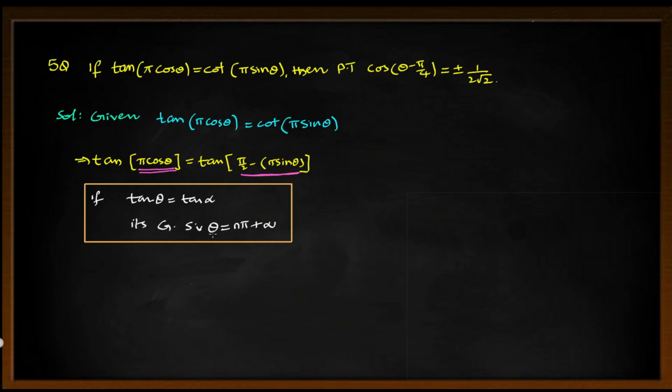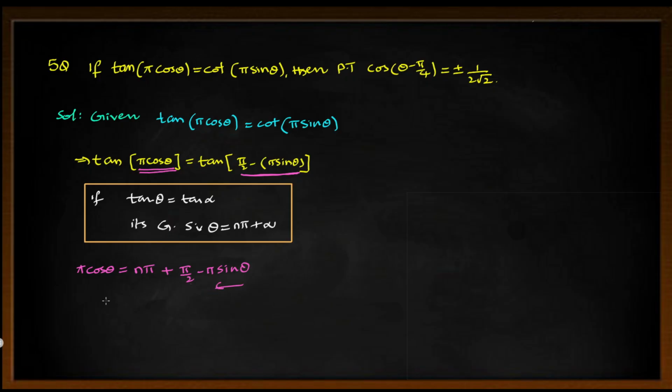The general solution is θ equals nπ plus α. Now, π cos θ equals nπ plus α, which means π/2 − π sin θ.